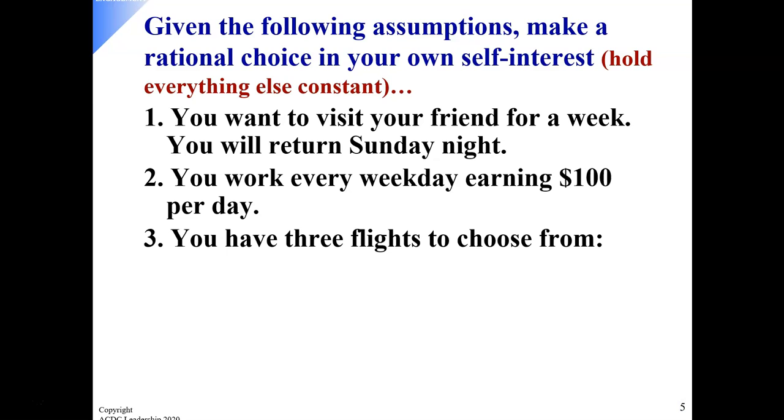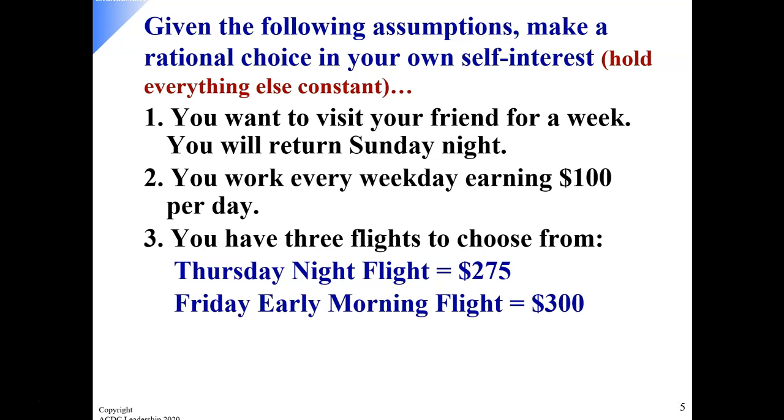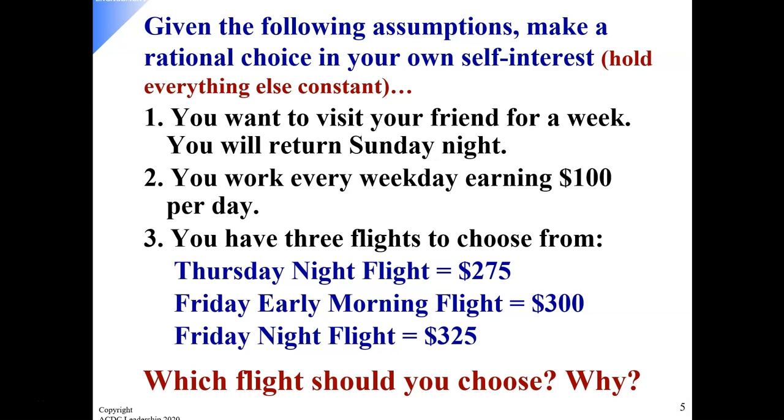Number 3, you have 3 flights to choose from. A Thursday night flight would cost you $275. A Friday early morning flight would cost you $300. A Friday night flight would cost you $325. Which flight should you choose and why?